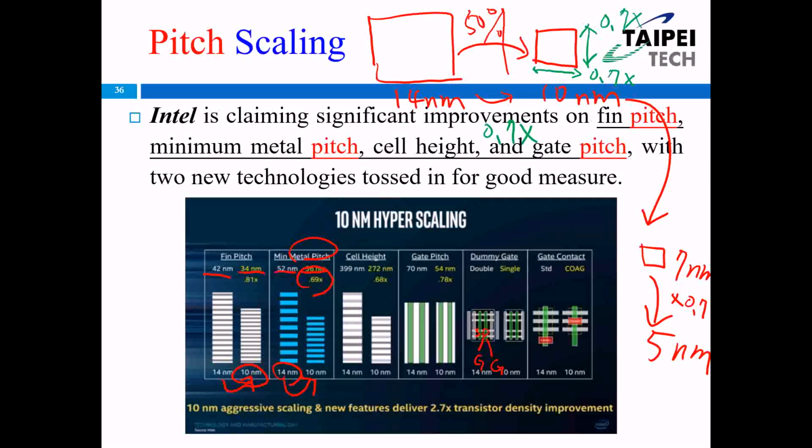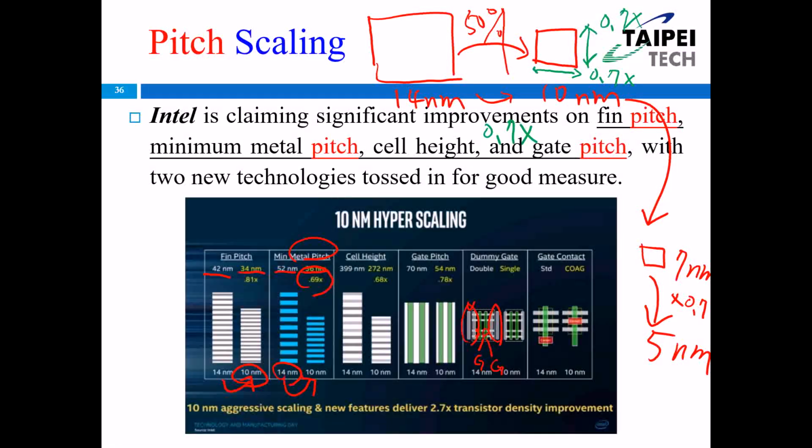Okay. But however, for this white light, it's not a real transistor. Here, for all of these 1, 2, 3, 4 white lights, it's not the real gate because they don't have the transistor here and here.